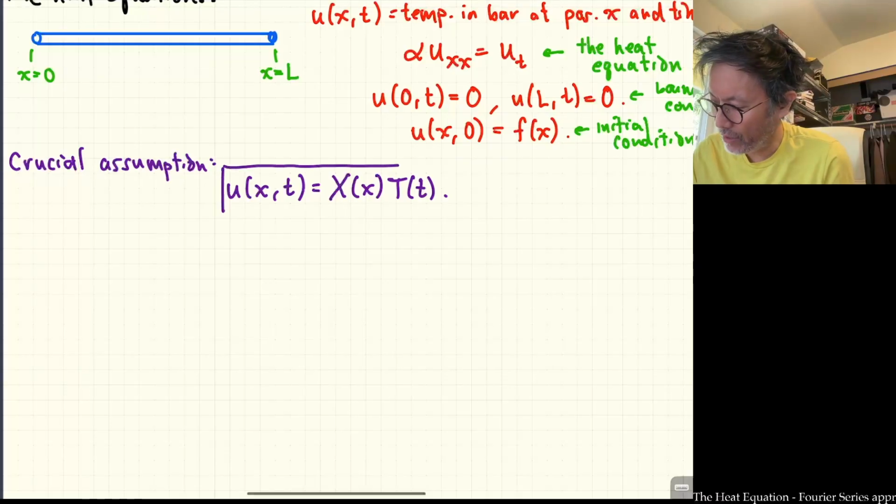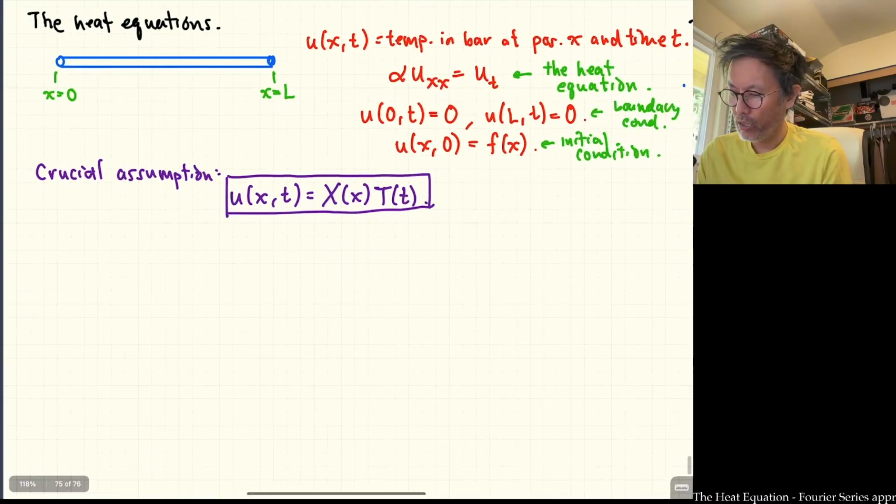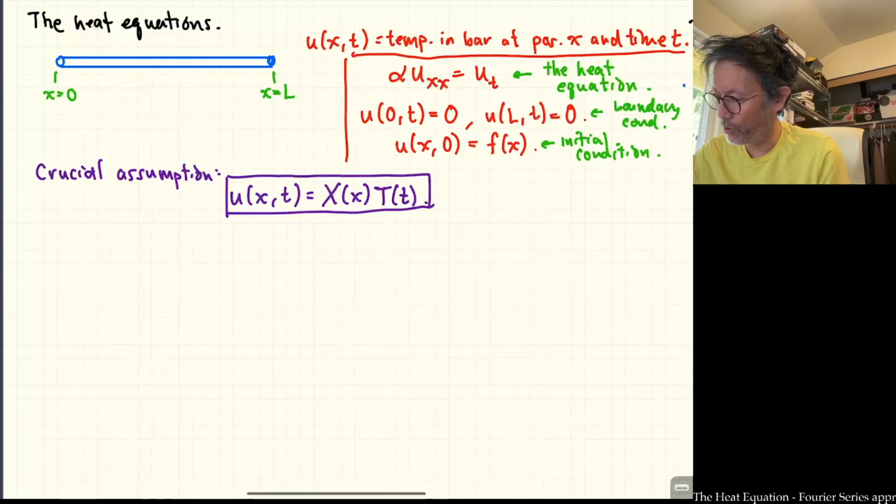Well, what happens if we plug this u into our heat equation? Looking at this heat equation here, and let me just box this information because this is really important data.